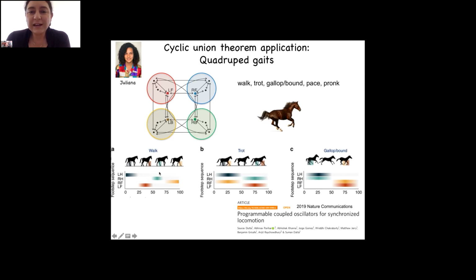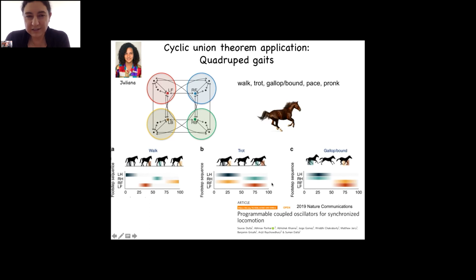What I'm showing down here is a recent paper, not by us, by other groups, engineers that tried to engineer some network that has different gaits. They used coupled oscillator models, which are popular for central pattern generator circuits, and they were able to get 3 different gaits in the same network.